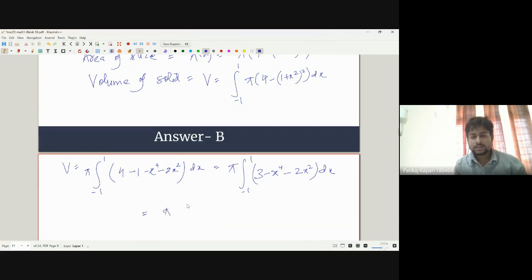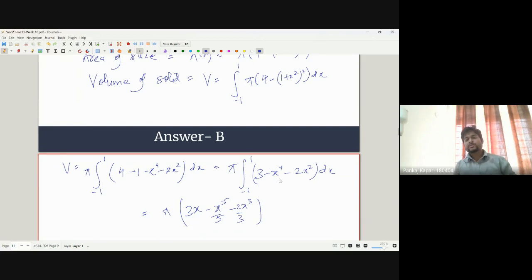Now this is an easy integral. You can break it in 3 parts, or you can directly find this integral, which will be 3x minus x to the power 5 by 5 and minus twice x cube by 3. We can also notice that this is an even function, right?